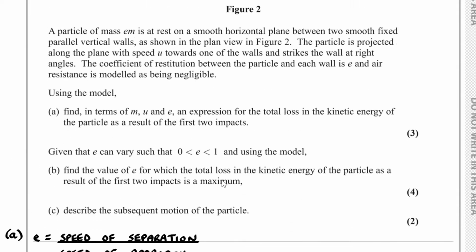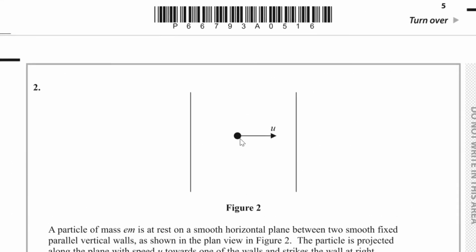So, it approaches this wall here with speed u, and if we say that it rebounds off the wall and then moves off over here, we would have speed v, say, and we can find out what v is.